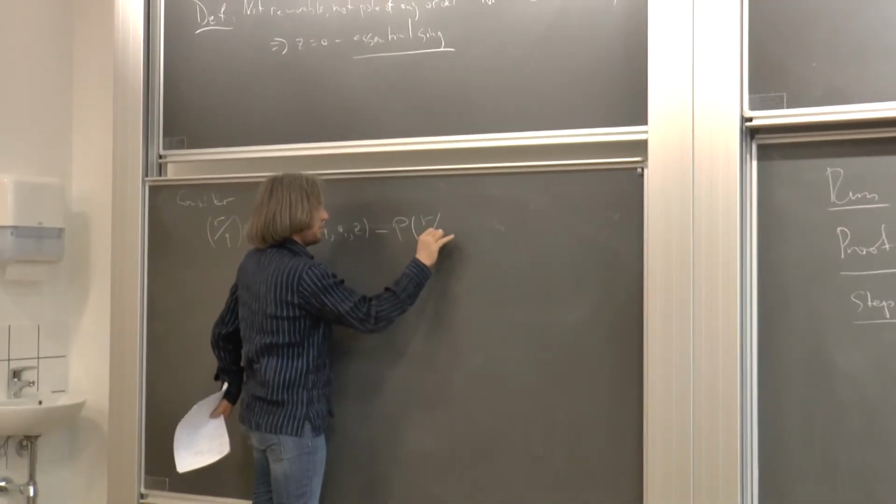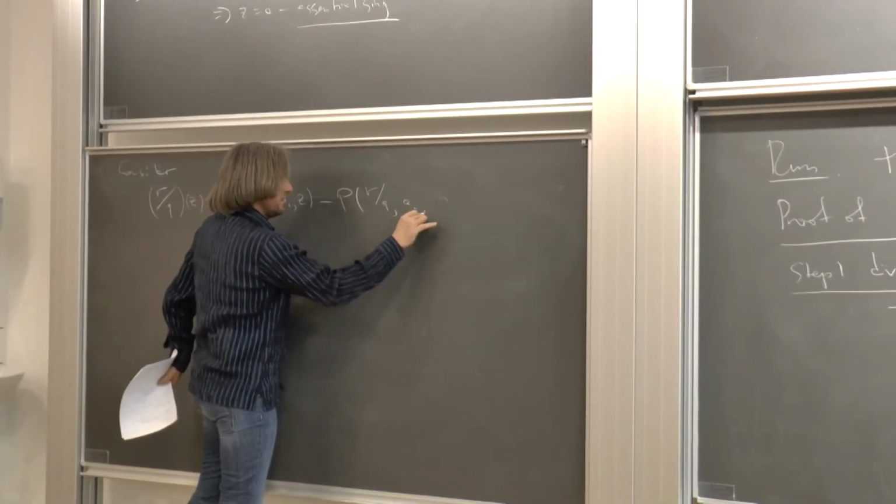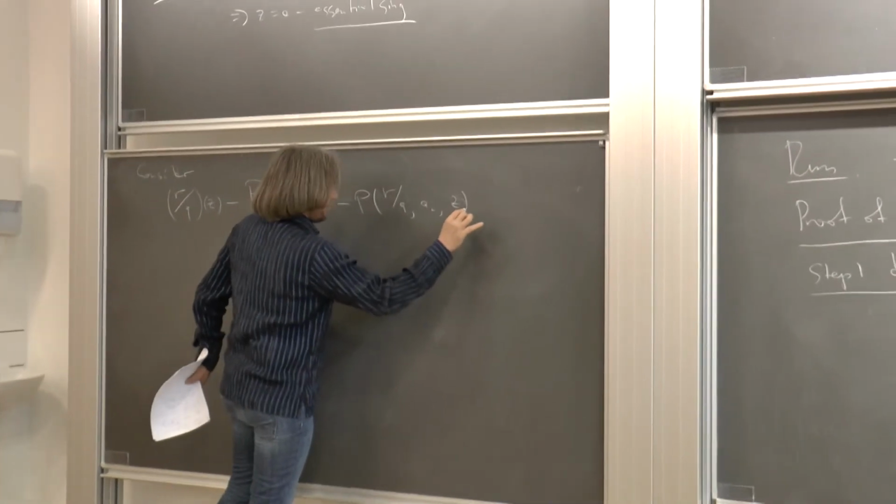So consider r over q of z, and let's subtract the polar part of r over q at a1, subtract the polar part of r over q at a2, and so on.